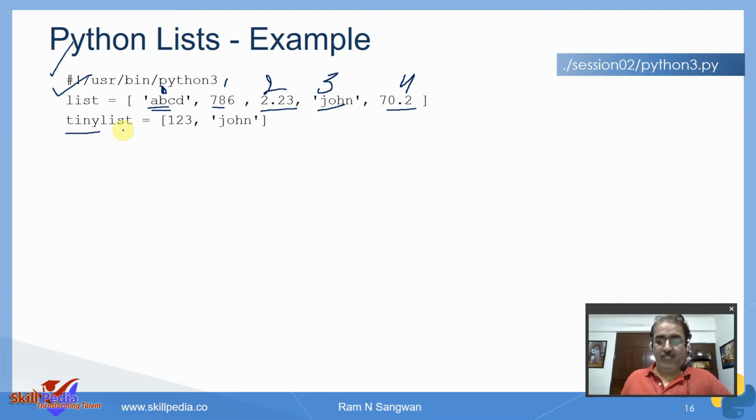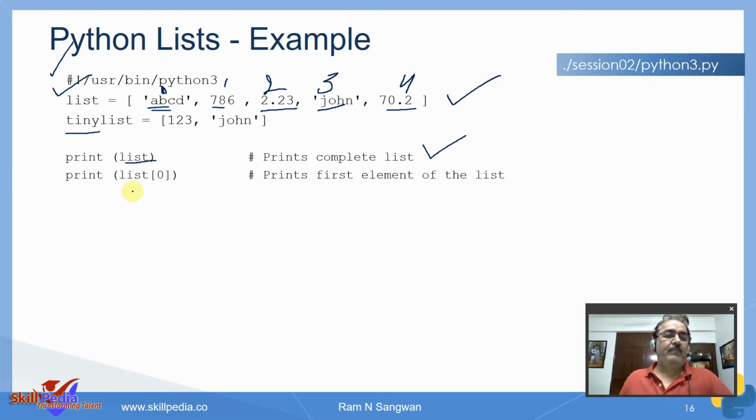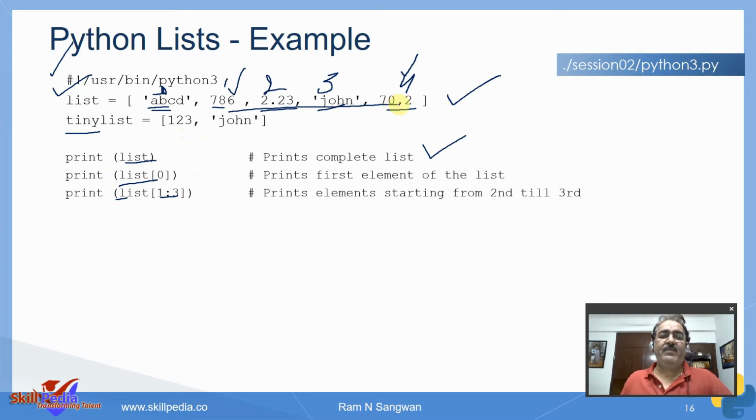This is another list with 2 elements. Print list will print all the elements, the entire list. Print list 0 will print only A, B, C, D. List 1:3 means second, third and fourth, because the counter starts from 0. So these will be printed.